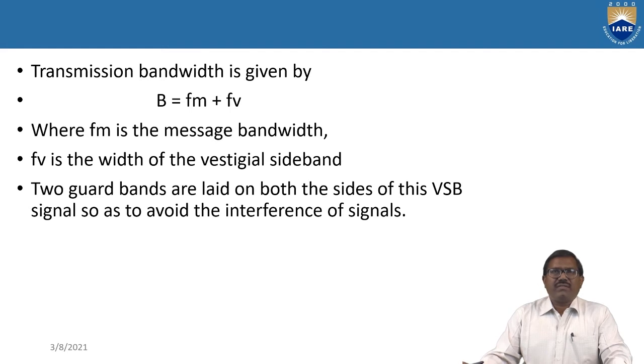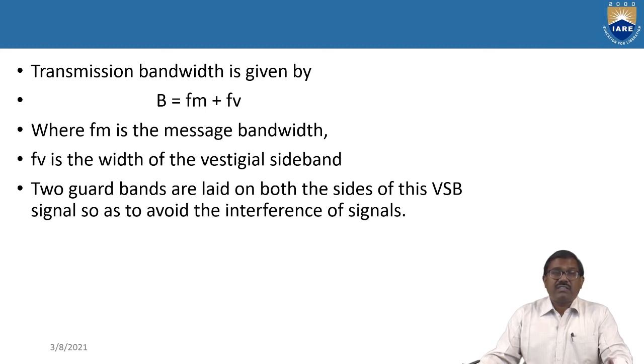Now the transmission bandwidth is given by FM plus FE. Why? When compared with standard AM, the bandwidth is 2 FM, that means we are sending 2 sidebands, so the bandwidth for standard AM is double FM.